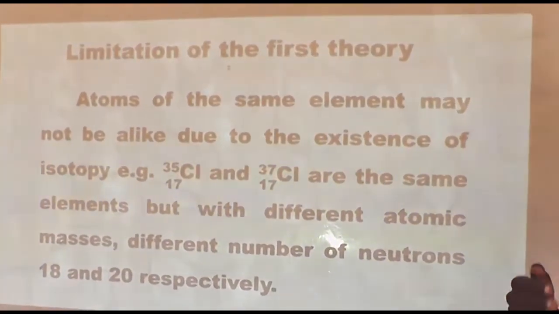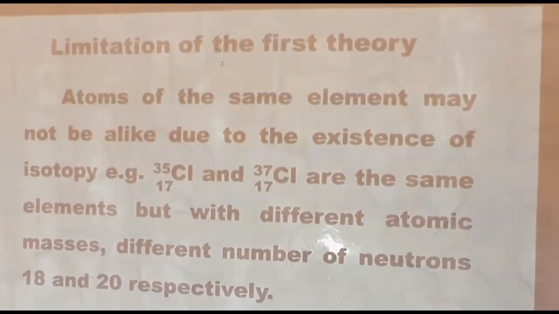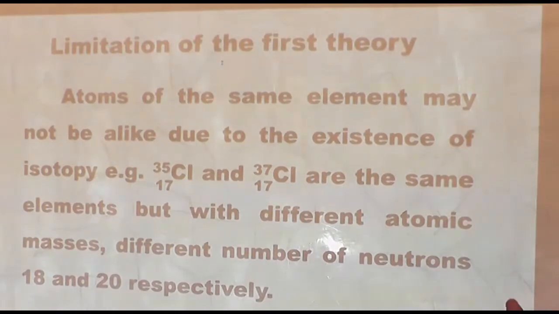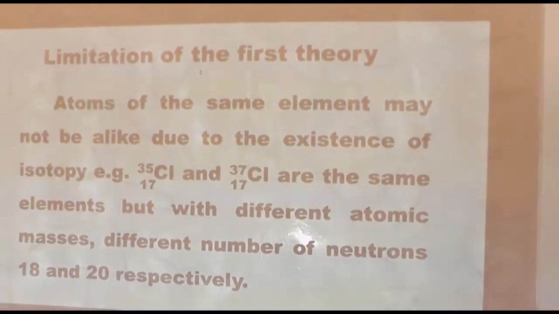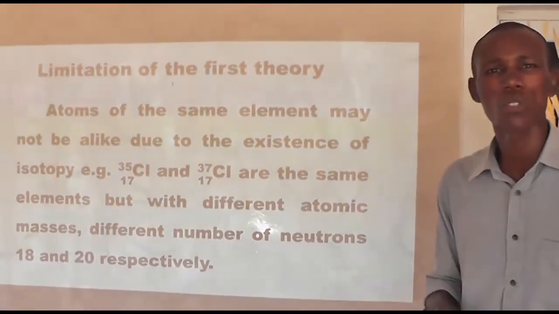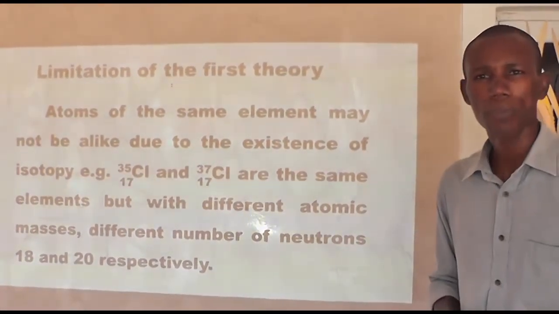From Dalton's atomic theory, he says that atoms of the same element are exactly alike and differ from atoms of other elements. But from the discovery of the mass spectrometer, we are able to see that atoms of the same element may not be exactly alike, especially in the case of the existence of isotopy.